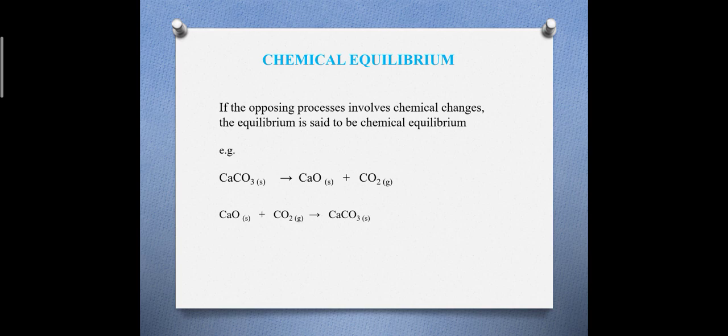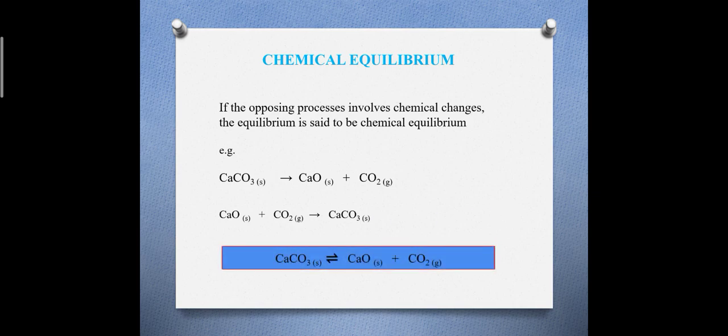And this is its reverse reaction, that is, when calcium oxide and carbon dioxide react together, we get calcium carbonate. So we can treat these two equations as reversible of each other, and it is represented like this.